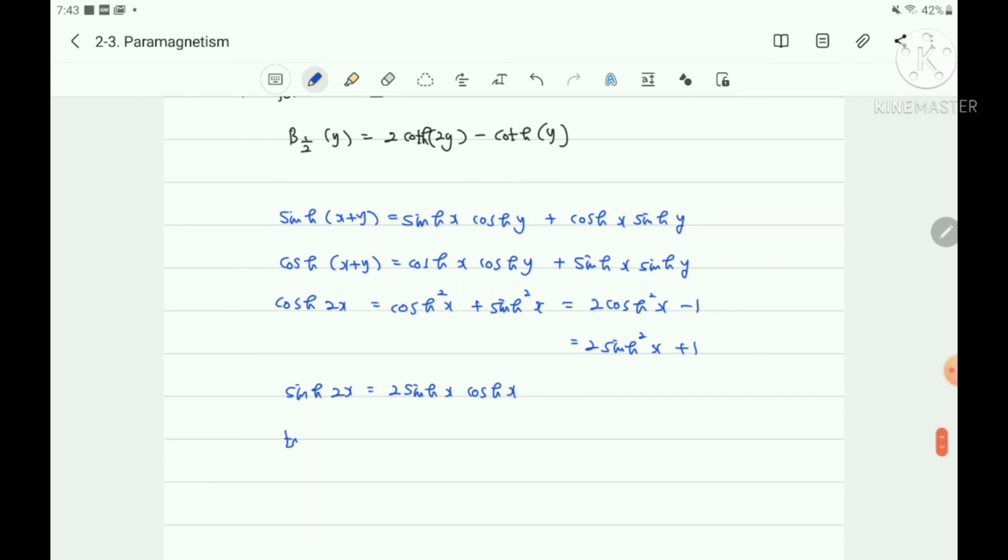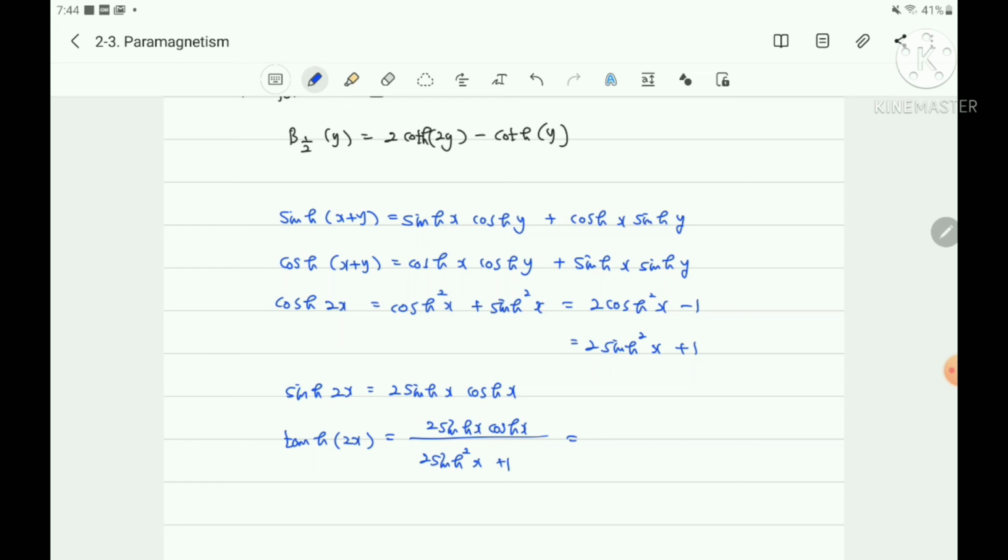Therefore tanh 2x is 2 sinh x cosh x over 1 plus 2 sinh squared x.